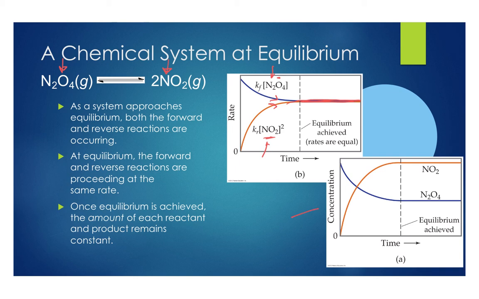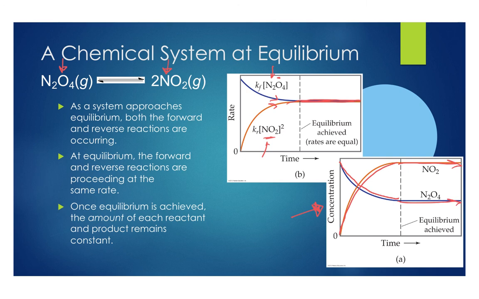If I do a different graph that's not rate versus time, but rather concentration versus time, we'll see that the amount of our products increases and increases, and the amount of our reactants decreases and decreases. Once we are at equilibrium, because the rates of the forward and reverse reactions are the same, the concentrations of our reactants and products stay the same.